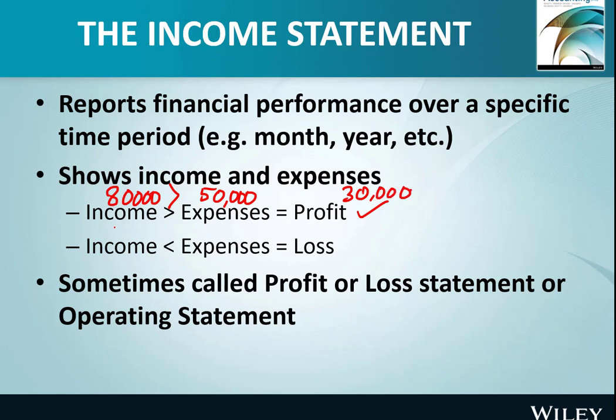However, if the income is 50,000 and the expenses are 60,000, your income is lower than your expenses, so the business is making a loss. I put negative 10,000 here. The aim of running a business is to make profit. So by comparing income and expenses, we can determine whether the company is making a profit or loss.